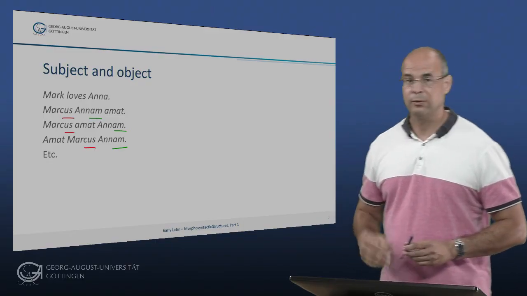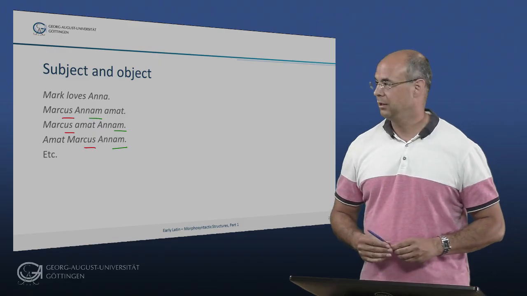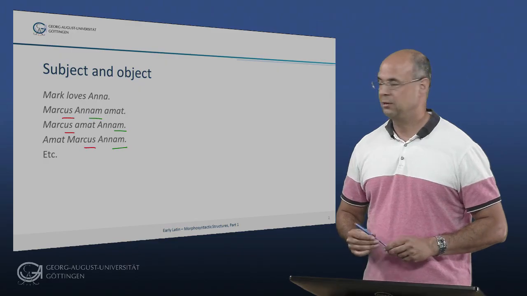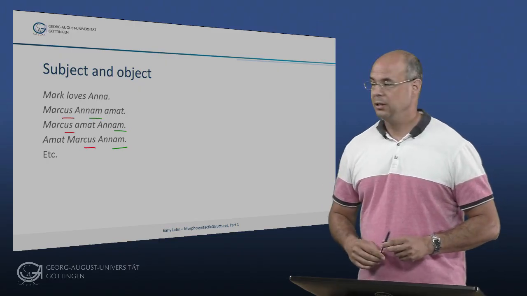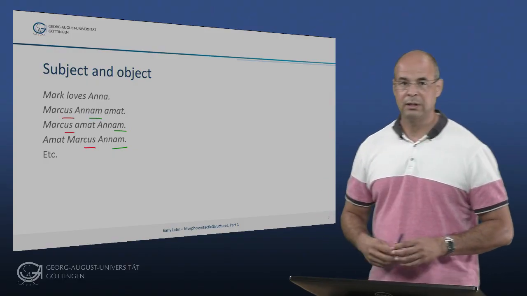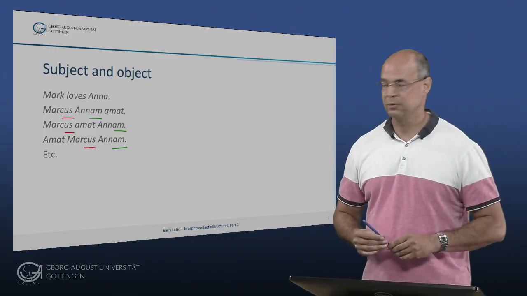Mind you, not all word order patterns are equally frequent. What you can see here, subject, object, verb, and subject, verb, object, are roughly equally frequent in early Latin and in classical Latin, but there are very clear differences across authors and genres.